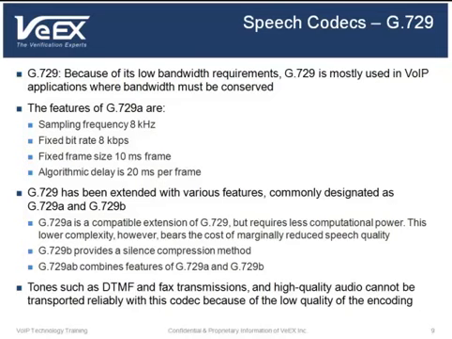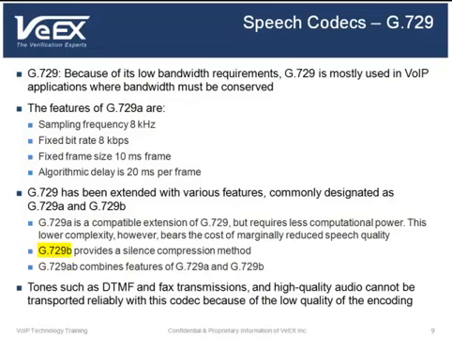The algorithmic delay is up to 20 milliseconds per frame. G729A is a compatible extension of G729 that requires less computational power. The trade-off for this lower complexity, however, is that it has reduced speech quality. Another extension of G729 is G729B, which provides a silence compression method.